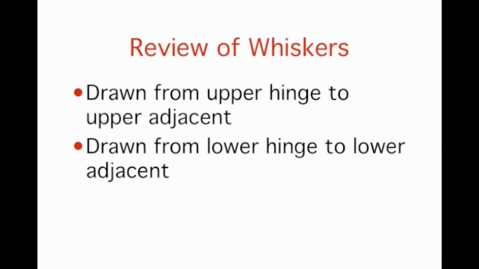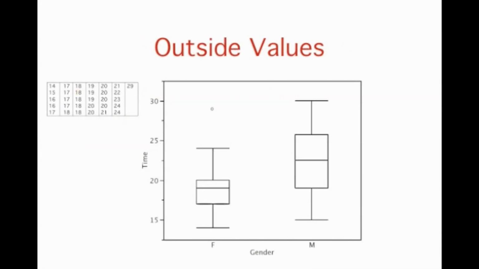To review, one whisker is drawn from the upper hinge to the upper adjacent value. The other whisker is drawn from the lower hinge to the lower adjacent value. An outside value is defined as a value beyond the inner fence, but not beyond the outer fence. For the women, the upper inner fence is 24.5, and the upper outer fence is 29.